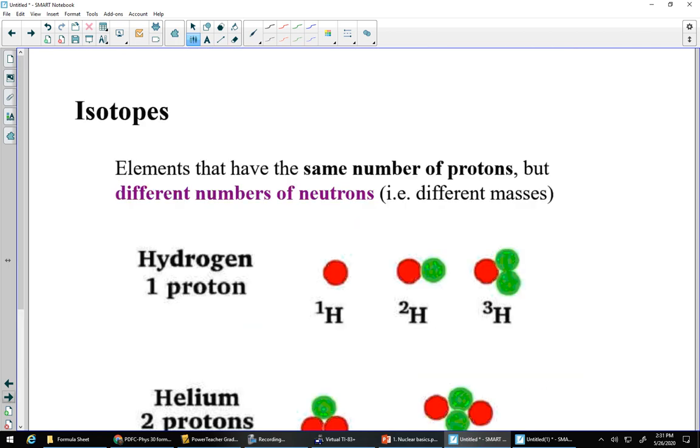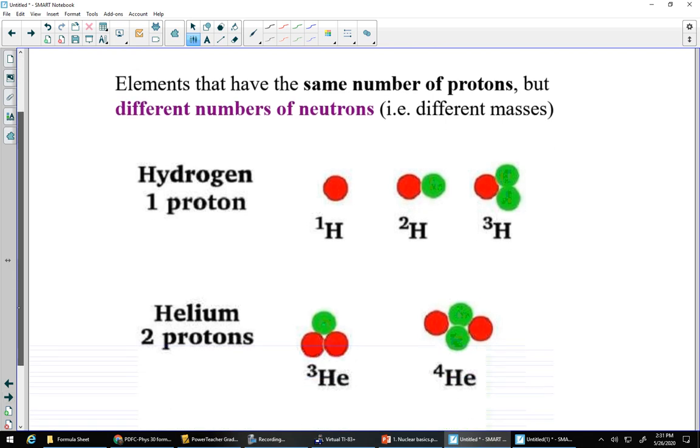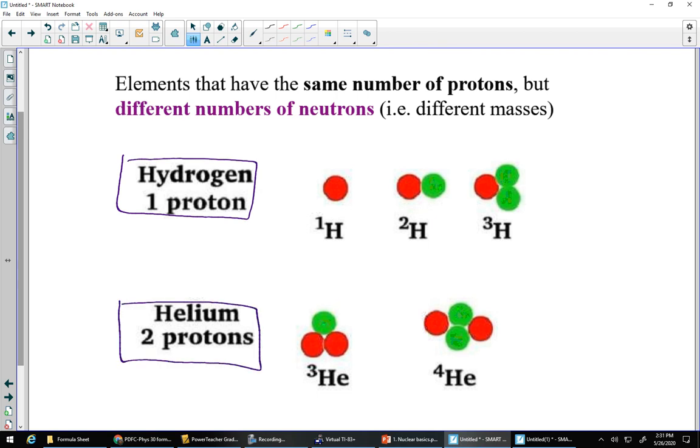Fantastic. Alrighty. So I've mentioned this before, isotopes. Elements of the same type need to have the same number of protons. So for example, hydrogen, no matter what, has 1 proton. Helium, no matter what, has 2 protons. If you were to add an extra proton into hydrogen, it wouldn't be hydrogen anymore.